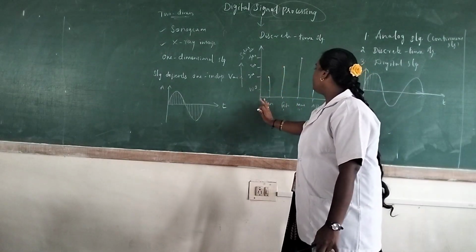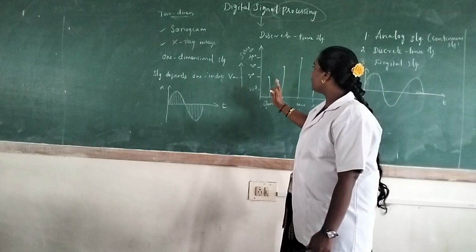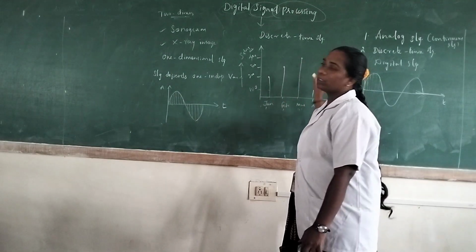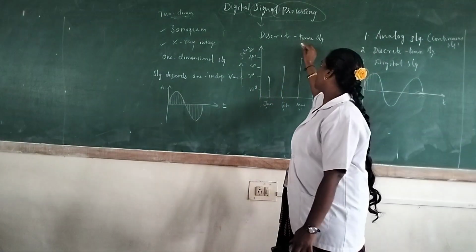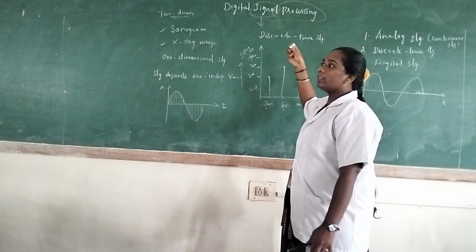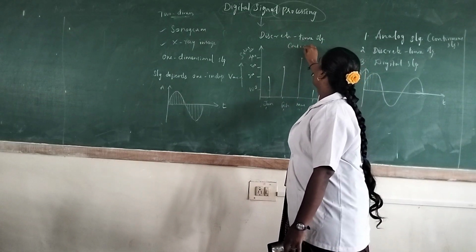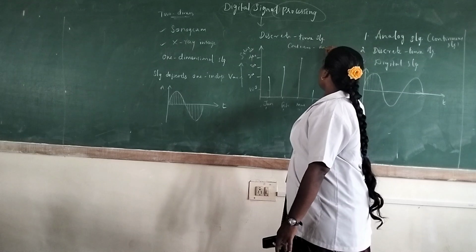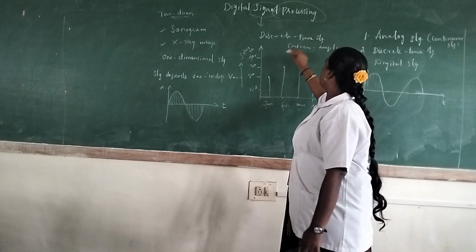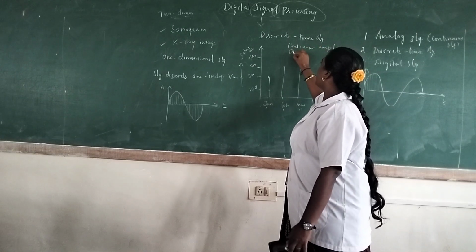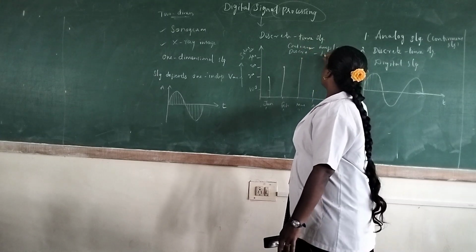So here the time period is discretized, whereas the amplitude is continuous. A discrete time signal is generally defined as continuous in amplitude and discretized in time.